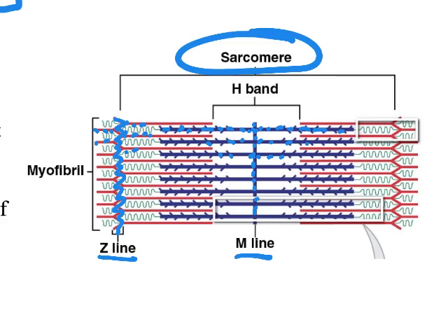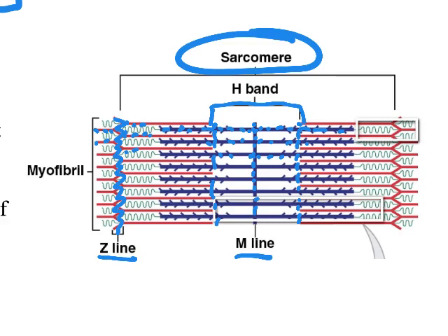Now there's something called the H-band, and I'll mention it here because this picture is less confusing than the ones we'll see coming up. The H-band, you can kind of see, is an area where there are only myosin or thick filaments, right? You don't see any of the red thin filaments in this whole area. So that's going to be called the H-band. And if you looked under a microscope, it would look more white, because there's less filaments there, there's less proteins there.